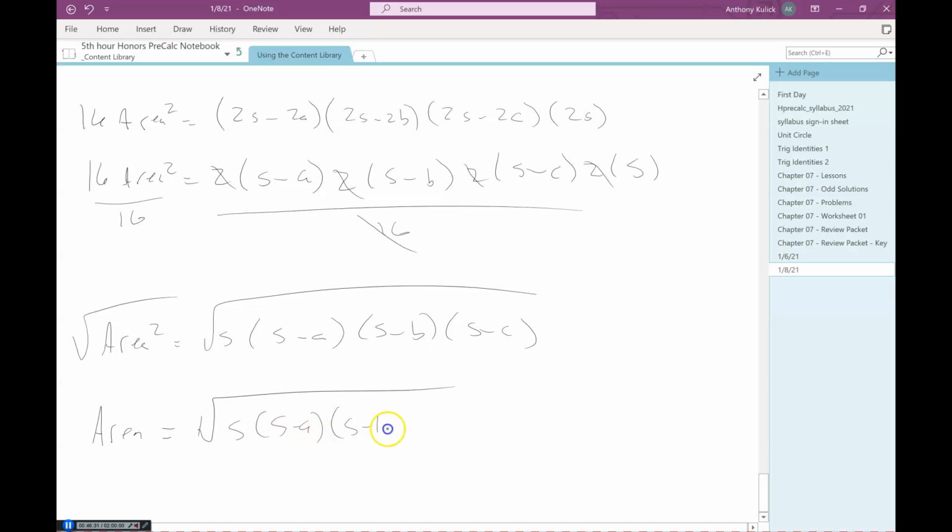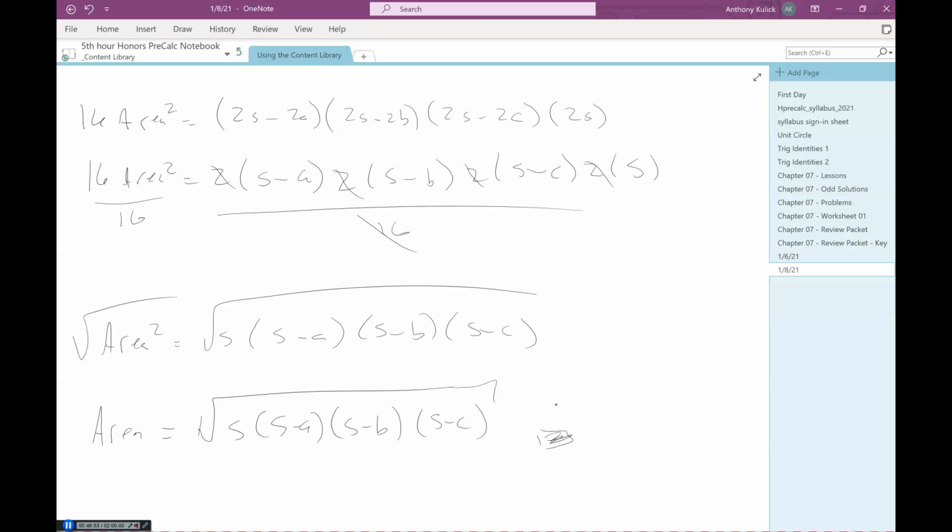We know that areas always are positive. Well, let's say non-negative numbers at least, so we don't have to worry about that. So there's our Heron's formula derivation. Never would ask you to do that again.